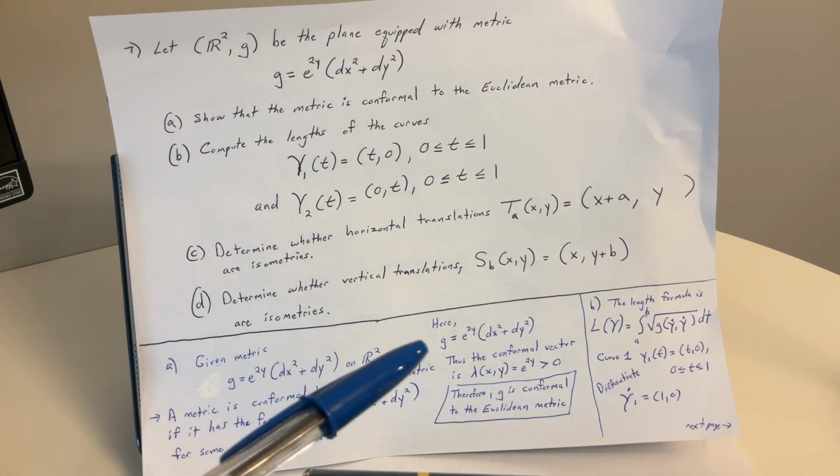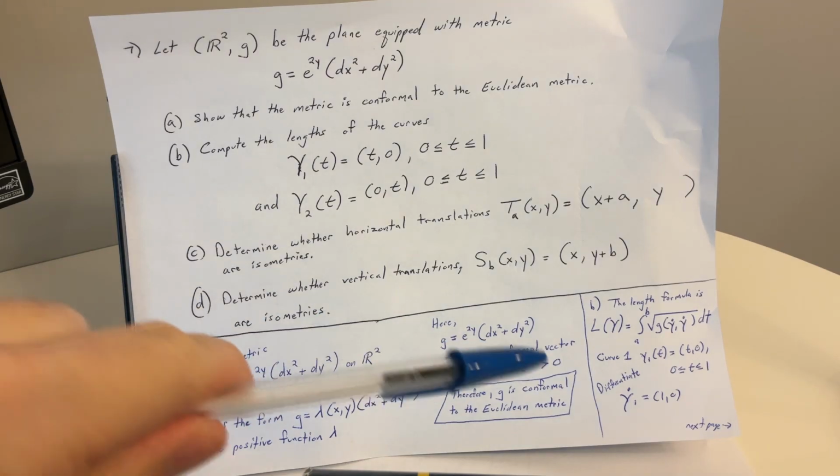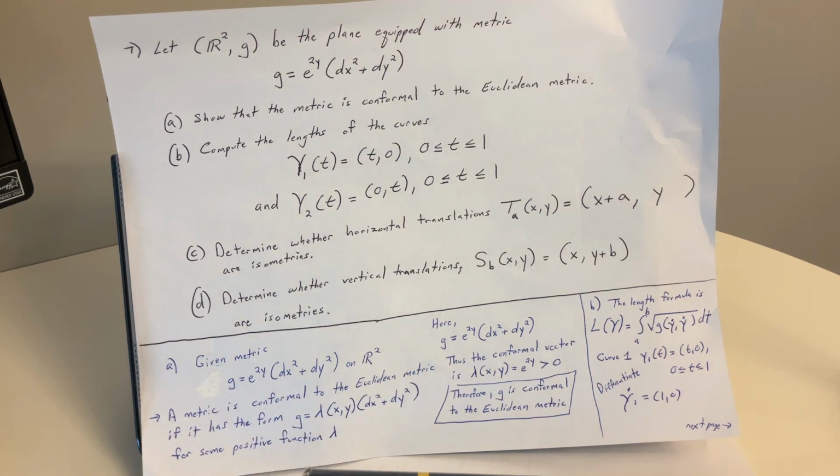Here, g equals e to the 2y times the quantity dx squared plus dy squared. Thus, the conformal factor is lambda(x,y) equals e to the 2y, that is greater than 0. So, therefore, we could state that g is conformal to the Euclidean metric. So that's part A.